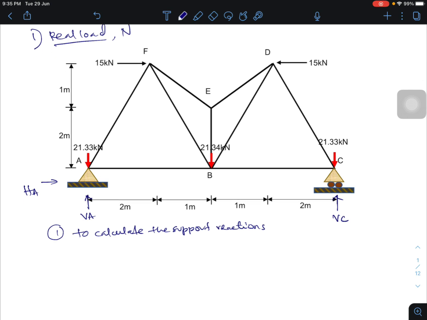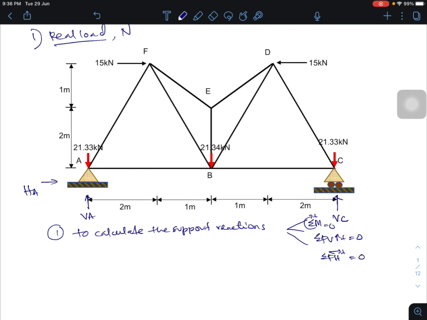Now, in order to calculate all reactions, we can use the equilibrium equations. In this case, we have three types of equilibrium equation: the moment equilibrium equation, with clockwise direction considered as positive, second the vertical equilibrium equation, and third the horizontal equilibrium equation.